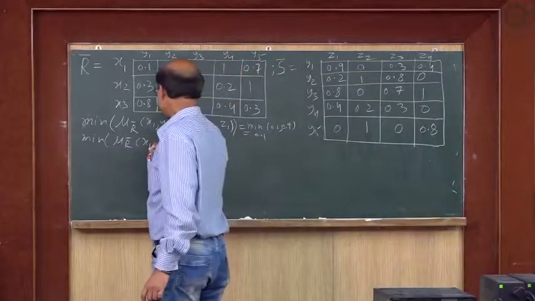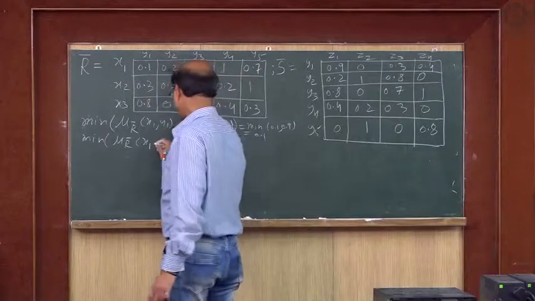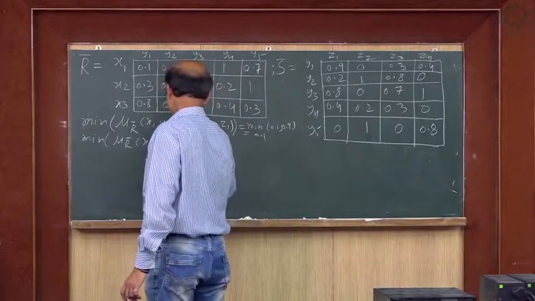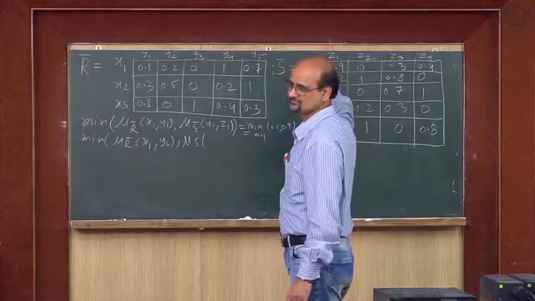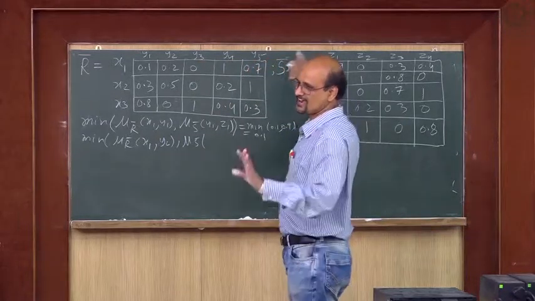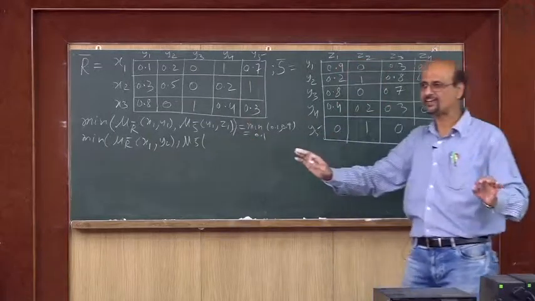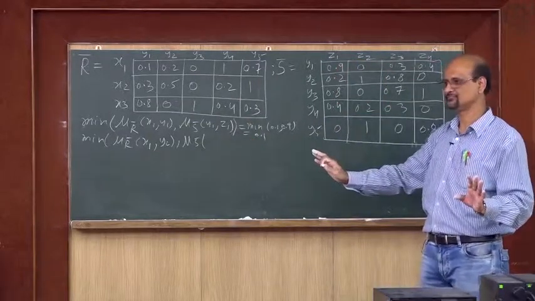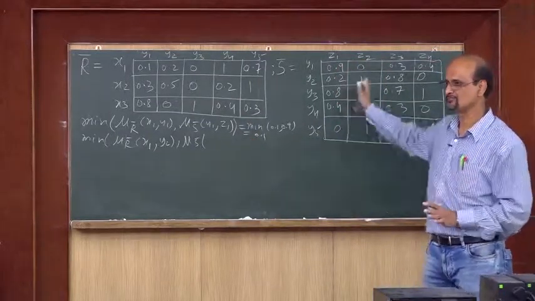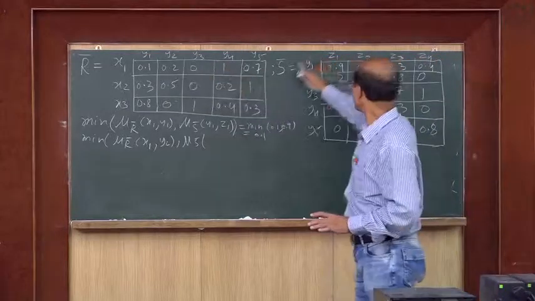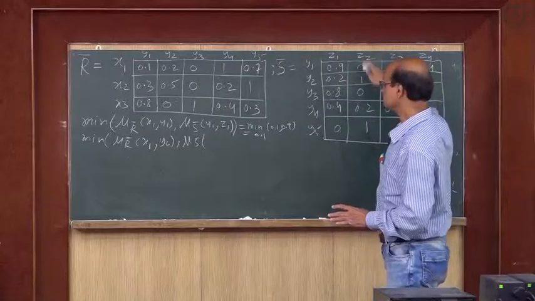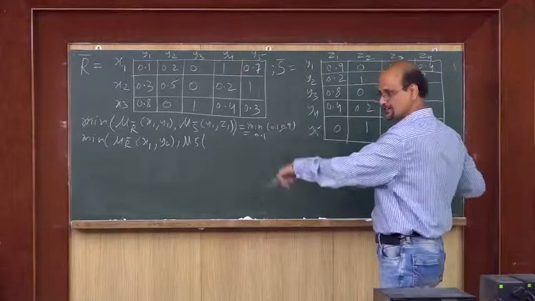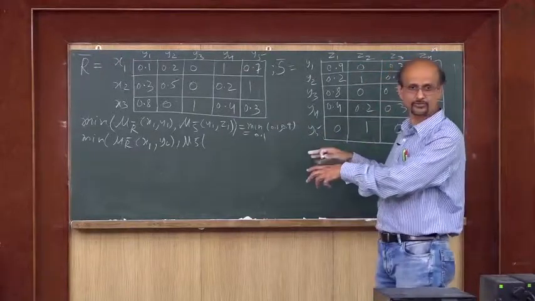See, mu R bar x1 y2, that was okay, and mu S bar y2 z1. I am telling you, it is very easy, like matrix multiplication. How do you multiply? This into this, into this. That way you get the product of two matrices.